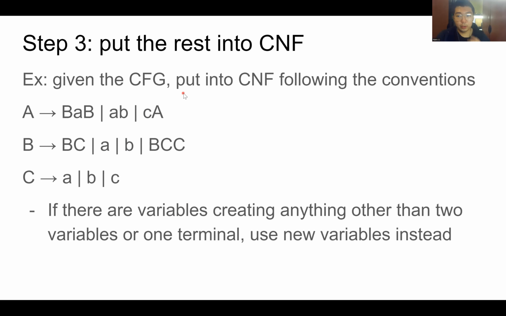The last step is to put the rest of this into Chomsky normal form. Given the CFG, A generates BAB, AB, CA; B generates BC, A, B, BCC; and C generates A, B, and C. Basically, if a variable creates anything other than two variables, like this one that creates more than two variables, or you have no rule in which the variable generates a single terminal, we have to make some other variables to deal with the issue.